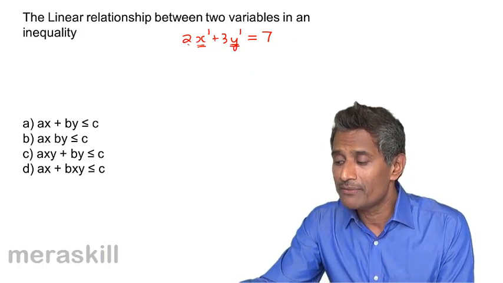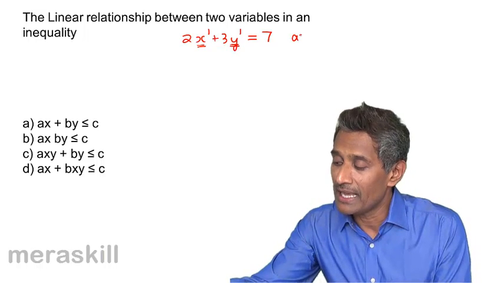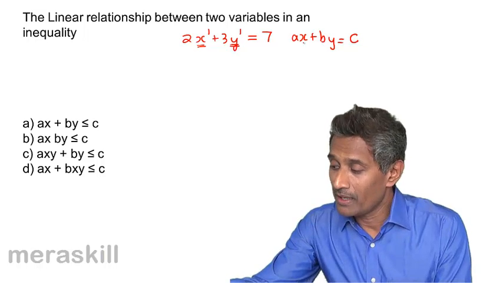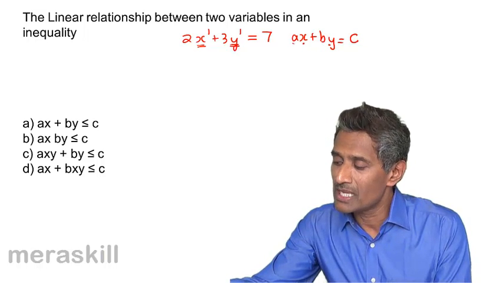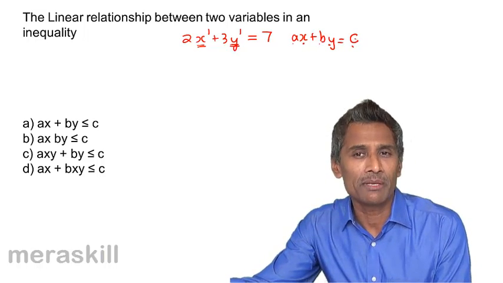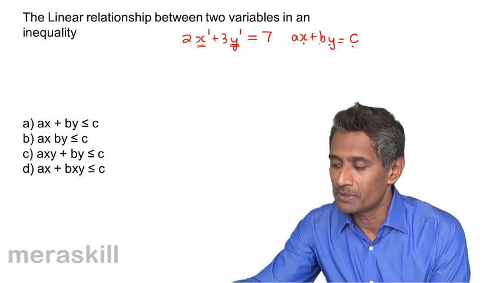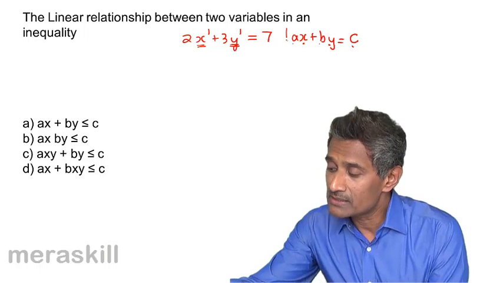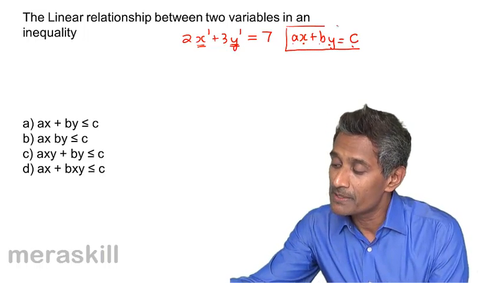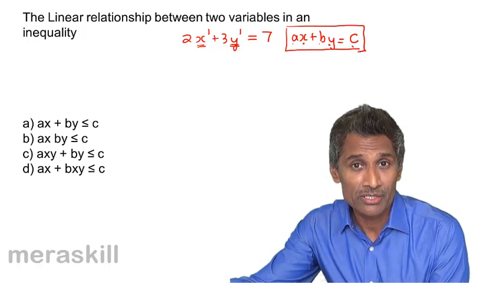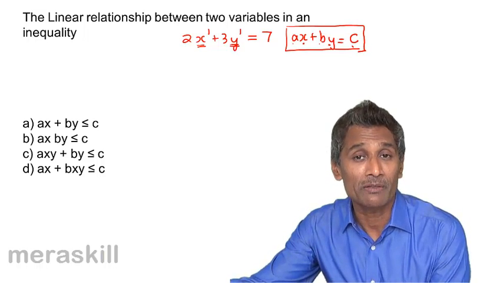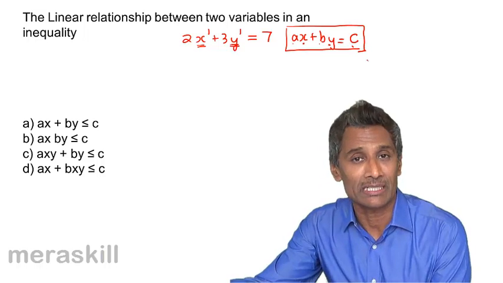So whenever you have an equation of this kind, ax plus by is equal to c, where x and y are the unknowns, a and b and c could be constants, like a could be 2, b could be 3, c could be 7. So this kind of relationship is called a linear relationship, simply because when you represent this relationship in the form of a graph, you get a straight line.